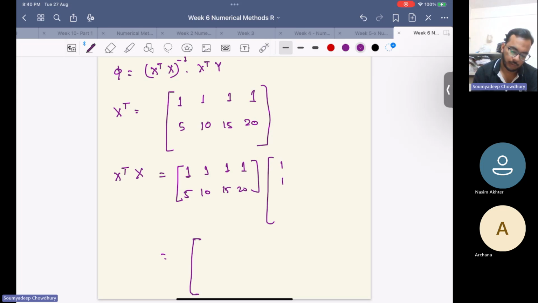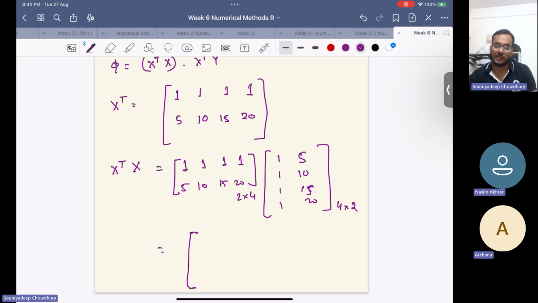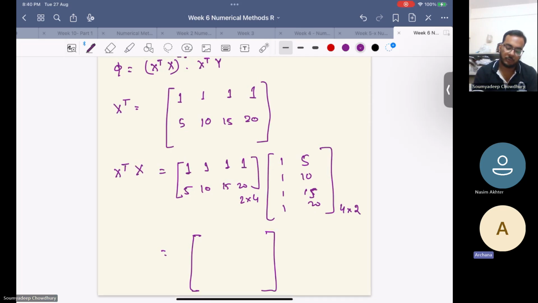So X transpose is basically 2 cross 4, right? And X is 4 cross 2. So the resultant matrix will be 2 cross 2. Can you tell me what will be the first element? It will be 4.